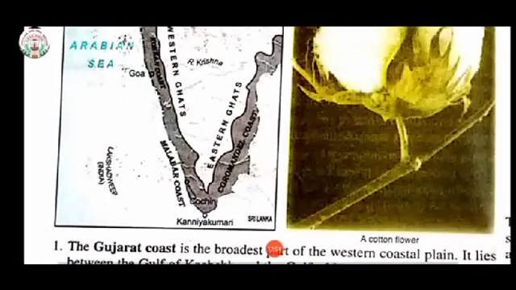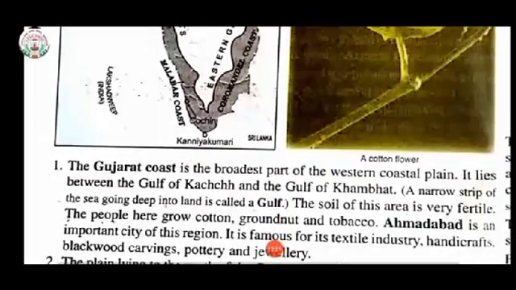The soil of this area is very fertile, and people here grow cotton, groundnut and tobacco. Just now I told you Ahmedabad is an important city of this region, and it is famous for its textile industry. Textile is related to clothes. It is also famous for handicrafts, blackwood carving, pottery and jewelry.